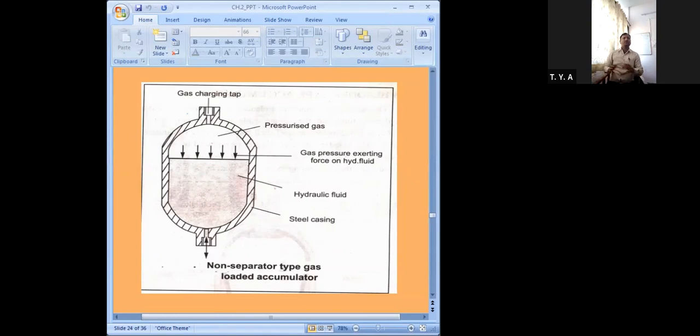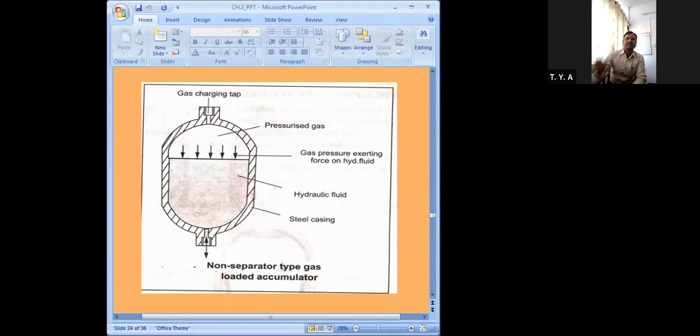Gas is there, fluid is there, but there is no separate partition in between, so it is called a non-separator type gas accumulator.